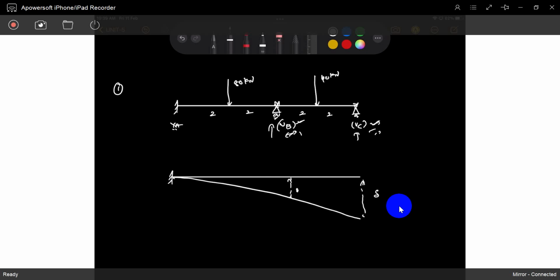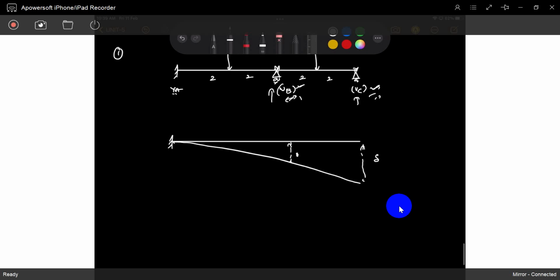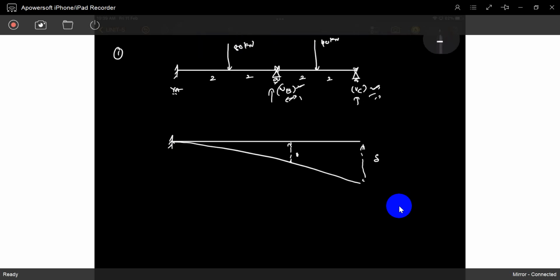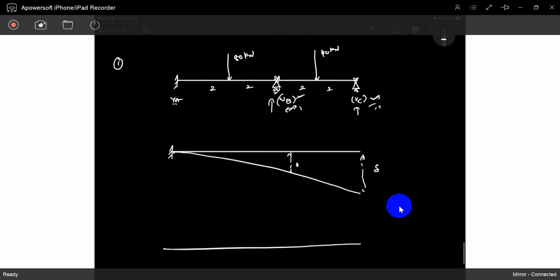Those are the two forces, and you have to find out the deformation. So can you find it? We can find it by the conjugate beam method only. So how can you write the bending moment diagram? Here this is 80, this is 40. Remove these two.